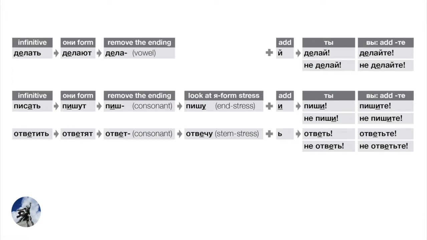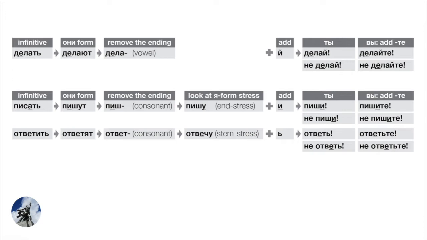Okay, so let's look one more time at the stress patterns, and hopefully you can pick up on this fairly well as you're hearing it. Пишу, that's the end stress pattern. Пишу gives пиши, but отвечу gives ответь, right? Пишу, пиши, but отвечу, ответь.